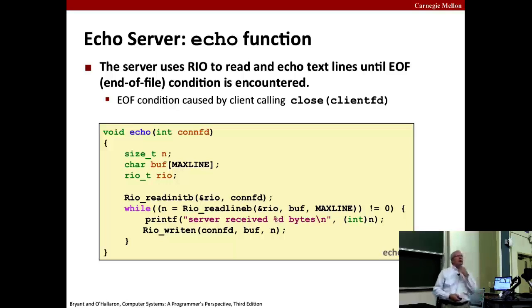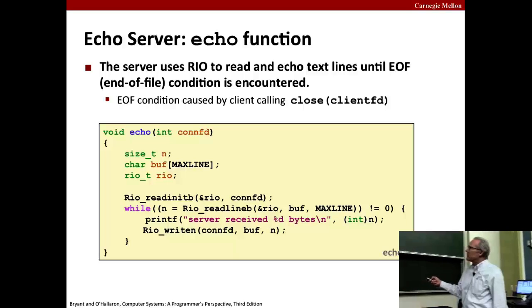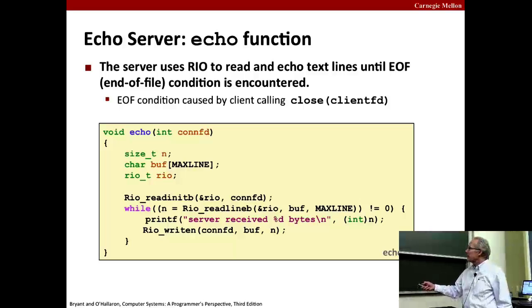So this now is the echo function that the server uses, and it's pretty straightforward. In fact, it looks kind of like what you just saw, except it flips around the reading and the writing. It will read some number of bytes over the connection file descriptor. And if that's a non-zero number, then it will echo that back by writing it.